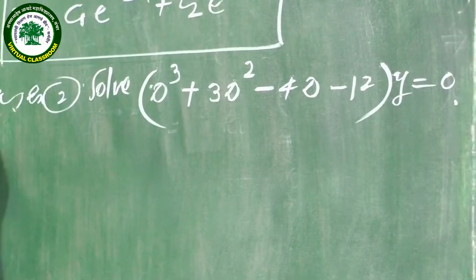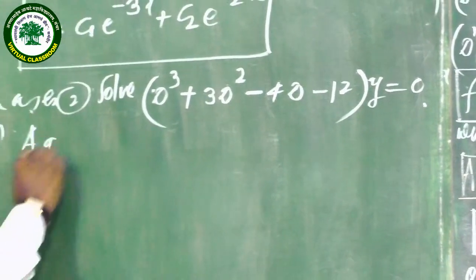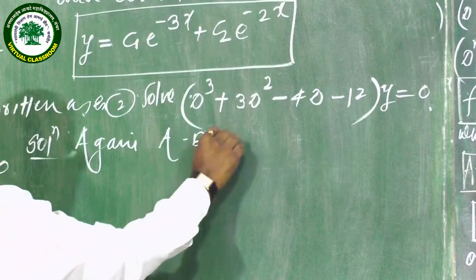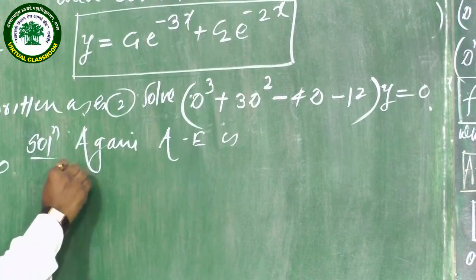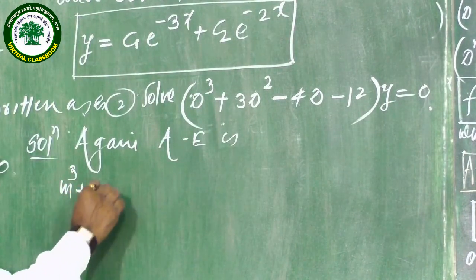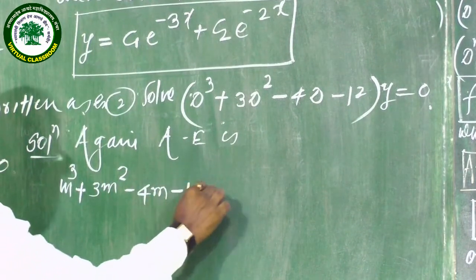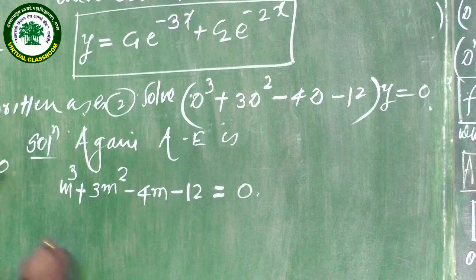Solution: again, the auxiliary equation is m cube plus 3m square minus 4m minus 12 is equal to 0.